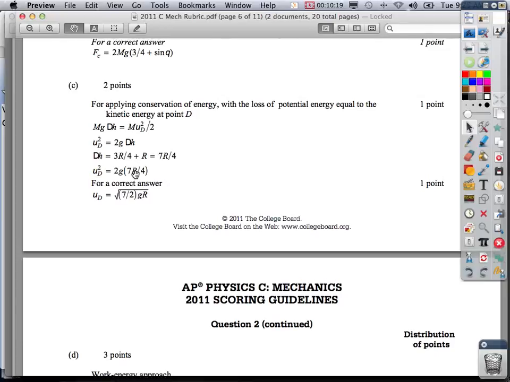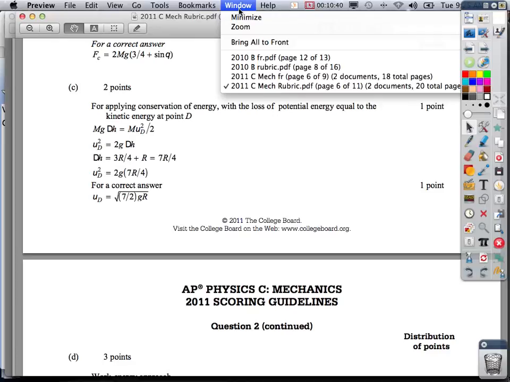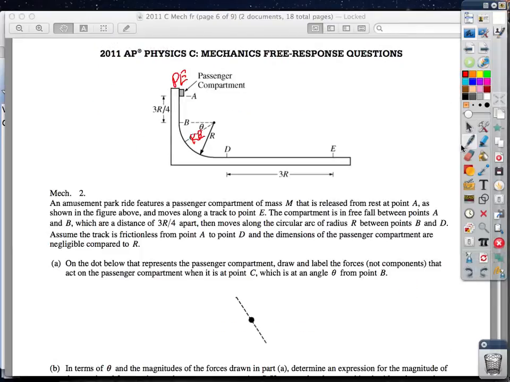It's not rotating, right? It does have circular motion, but it's not rotating. So we can just say the PE equals KE. And then that's just the statement, right? That's supposed to be mg delta H equals 1/2 mv squared. And that's what we said here.